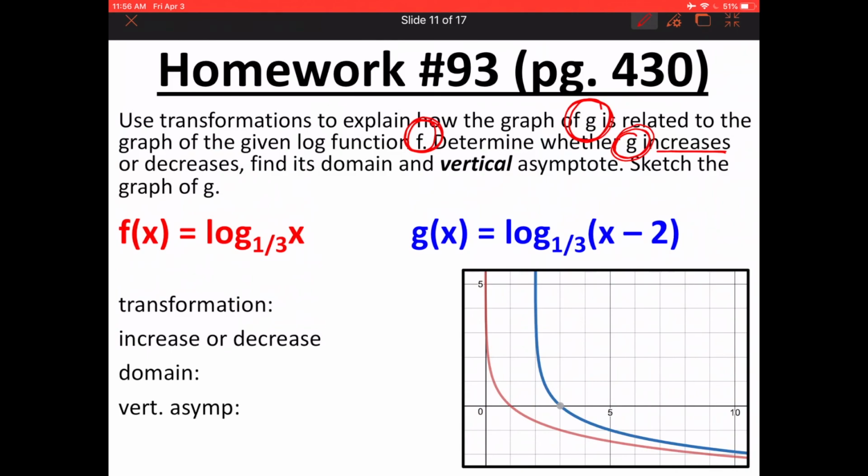So notice, I have graphed both of these in the calculator. But be very specific about which one is which, okay? Notice I matched them up by color. So here's my original log base 1/3 of x. And then here is my new function g, log base 1/3 of x minus 2.